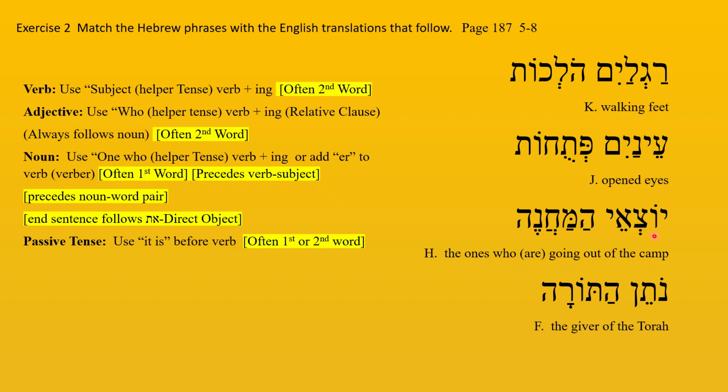Yatsa is the verb, which means to go out. Try this as a word pair, and it does work. And of course, if you're matching, it makes it easy. So the ones who are going out of the camp.